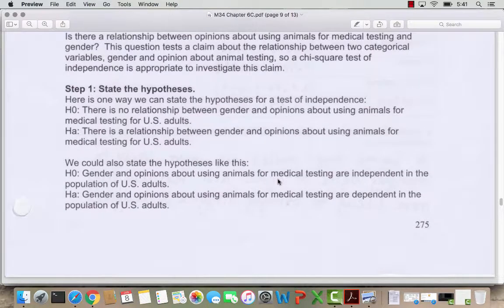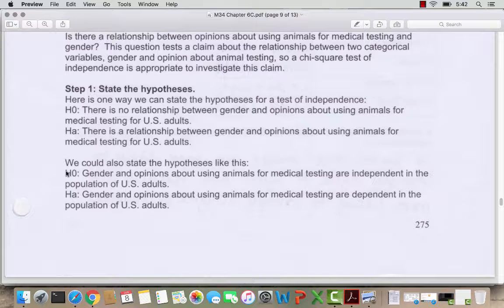So there's one way we could write the hypothesis here. We could say the null hypothesis is that there is no relationship between gender and opinions about using animals for medical testing. And the alternative hypothesis could say there is a relationship between gender and opinions about using animals for medical testing.